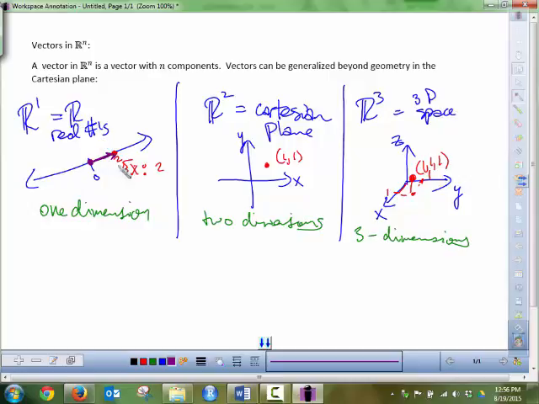So our simple one-dimensional vector is going to be an arrow from 0 to 2. Our vector over here would be a 2-dimensional vector from 0 to 1, 1. And then this one is hard to visualize, but imagine going from 0 to this.